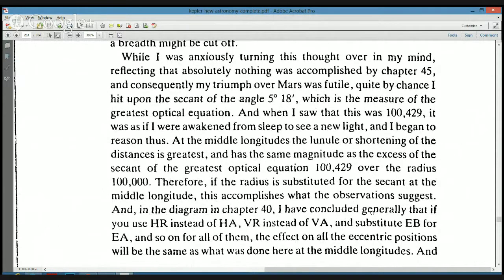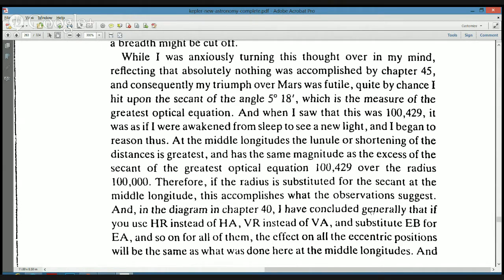And when I saw that this was 100,429, it was as if I were awakened from sleep to see a new light, and I began to reason thus. At the middle longitudes, the lunule, or shortening of the distances, is greatest, and has the same magnitude as the excess of the secant of the greatest optical equation, 100,429, over the radius 100,000.